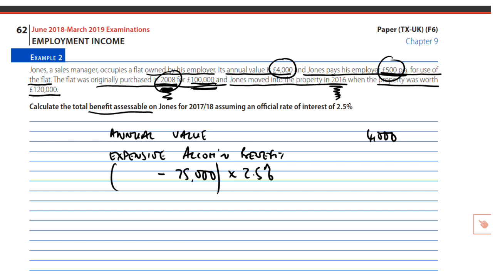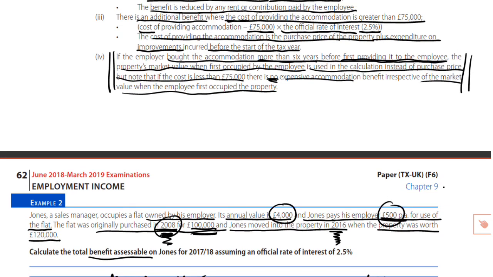That, therefore, is more than 6 years ago. And on that basis, we will now apply this rule. This rule says that if the employer bought the accommodation more than 6 years before providing it to the employee, the property's market value when first occupied by this employee is used in the calculation instead of the purchase price.